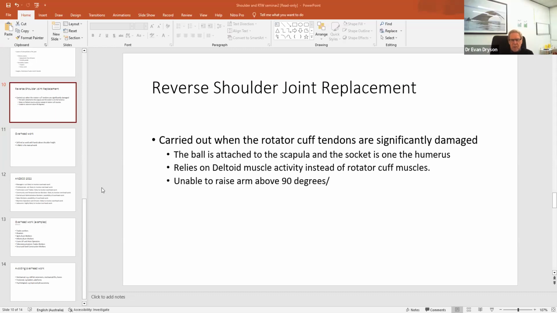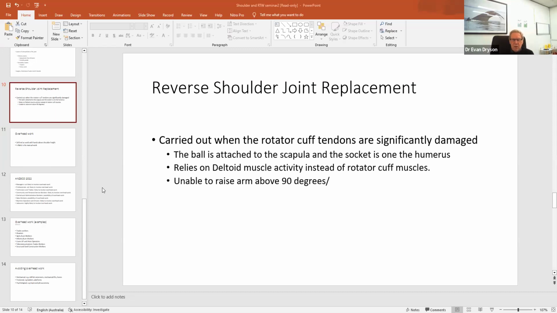So it mimics the normal anatomy of the shoulder, and it works fine. You have very good results as long as the rotator cuff tendons are still working properly. In other words, as long as they're not significantly damaged, torn, and so on.